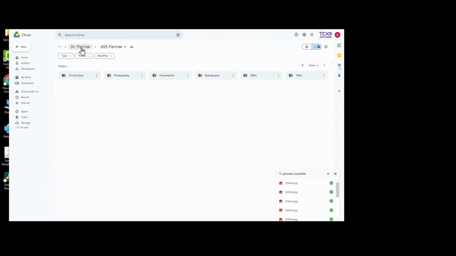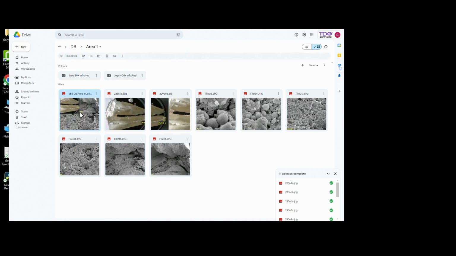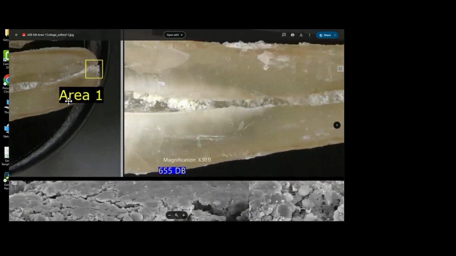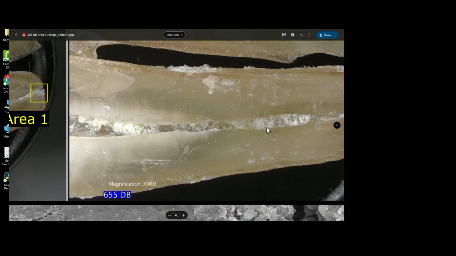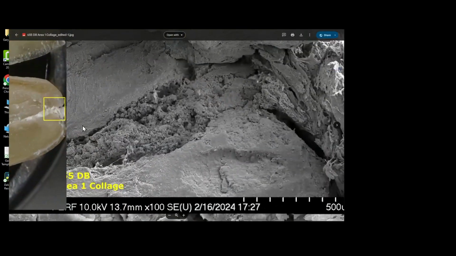And then when we went in and actually looked, I've placed the SEMs on the website, and I recommend that you go in and take a look at these because the findings are unlike what we found in some other teeth.